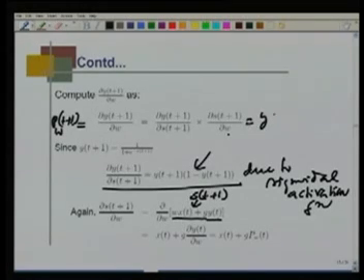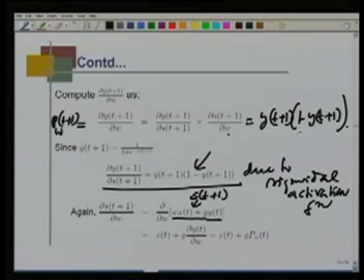So, Pw(t+1) is finally y(t+1) into 1 minus y(t+1) into x(t) plus g Pw(t). Okay.